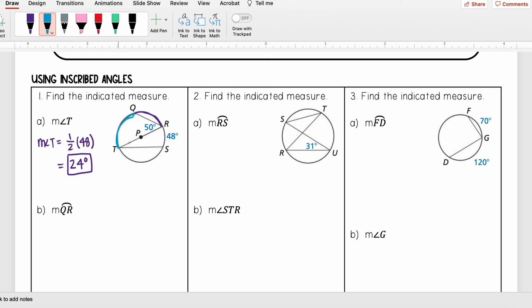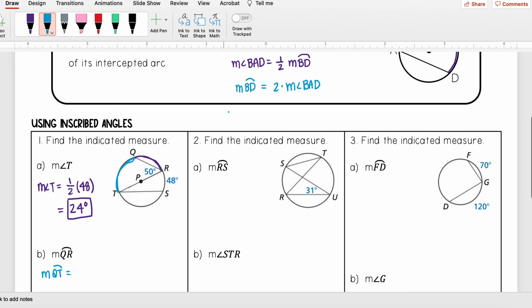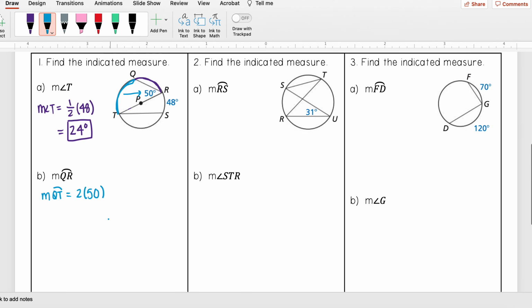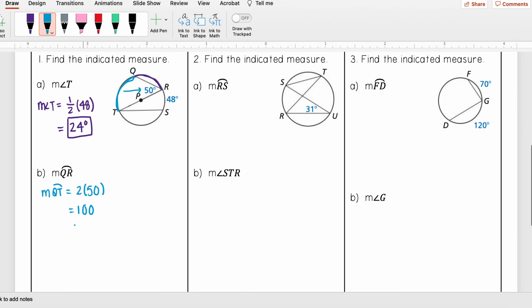And I know that my arc TQR is a semicircle, so this whole thing adds up to 180. To find QR, I first need to find QT, and then subtract that from 180. So the measure of arc QT: looking back at my theorem, the arc is twice the measure of the inscribed angle, and the inscribed angle here is 50 degrees, so it's going to be 2 times 50, which is equal to 100.